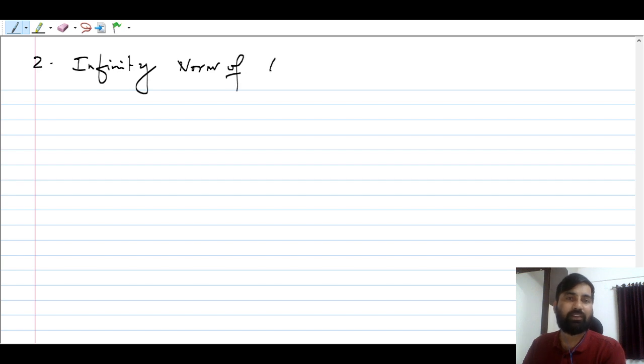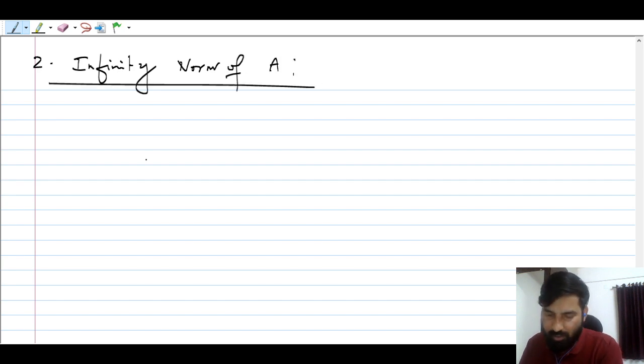If I talk about infinity norm, you can say similarly the same procedure is going to be done for infinity norm as well. Infinity norm of A matrix, right? So what you have to do, in this case, if you want to find infinity norm, you have to sum.